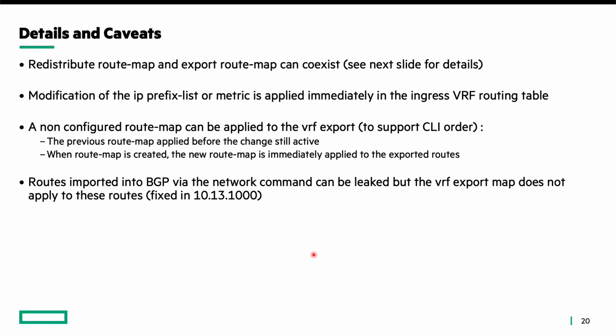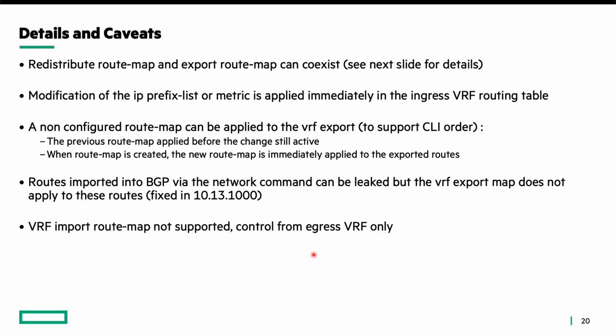If the route is known in the route information base and you apply this network command, it will be imported into the BGP tables. But these routes will not be controlled by the route map. So be careful until 10.13.1000.